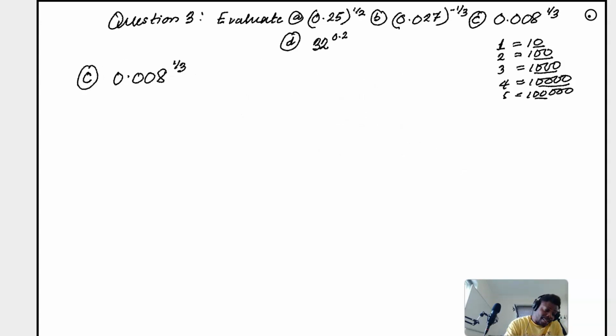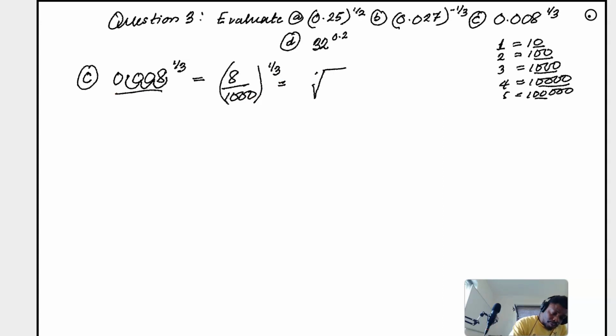Now, let's take C. Now, remember, you can count backwards because this is decimal. So 1, 2, 3. So that simply means 8 over 1000. Remember, you counted 3. So raised to the power 1 over 3. So we've converted your decimal to fraction. So here becomes the cube root, okay, of 8 over 1000.